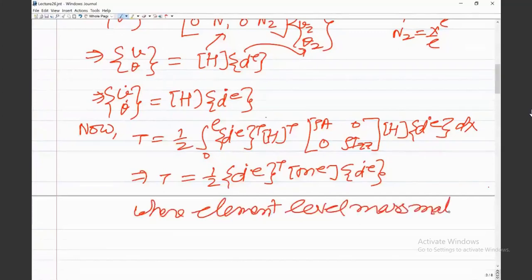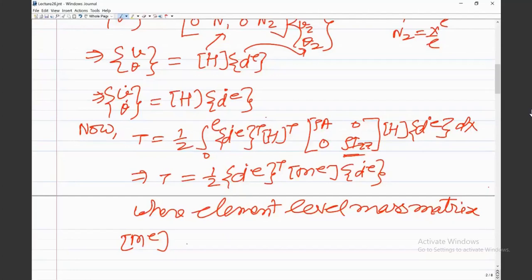You will note here that in the Euler-Bernoulli beam element, because it is thin, we have neglected this rotary inertia term rho into Izz. But now we are talking of the Timoshenko beam element, which is relatively thick, because Euler-Bernoulli beam theory would be applicable to very thin beams, and this is for relatively thick beams. So this term is also considered here. We are not neglecting that.